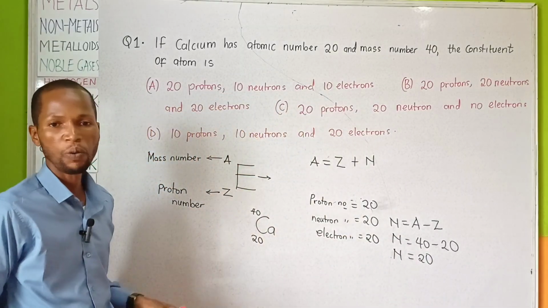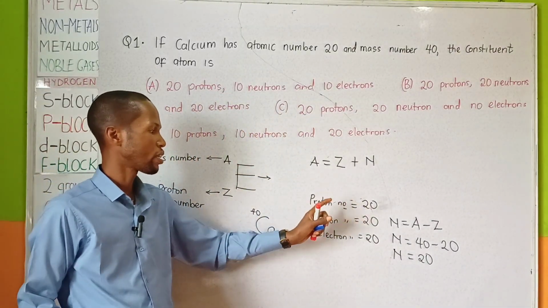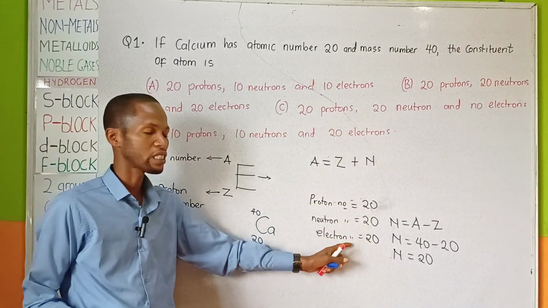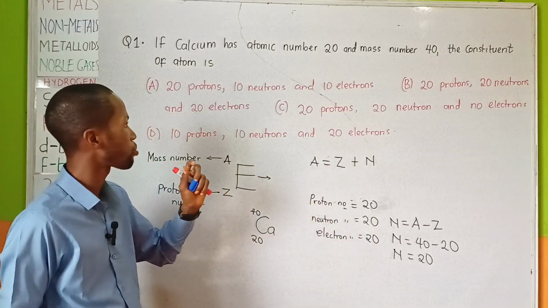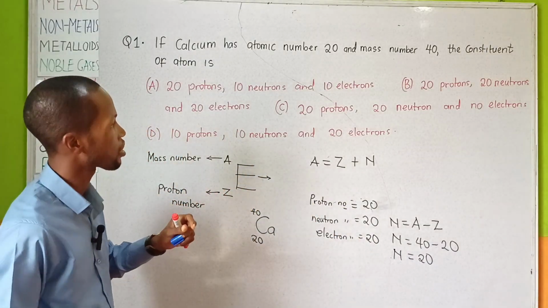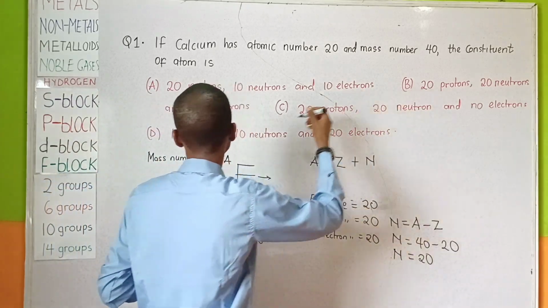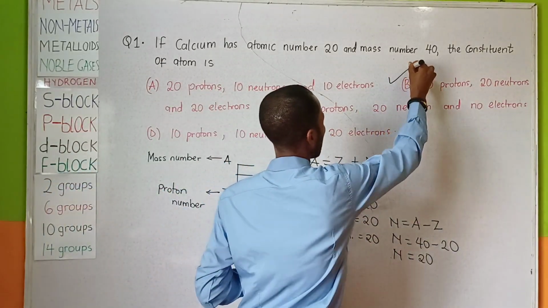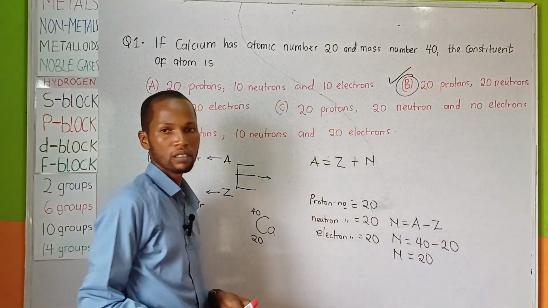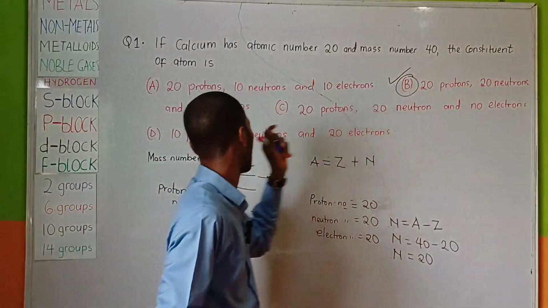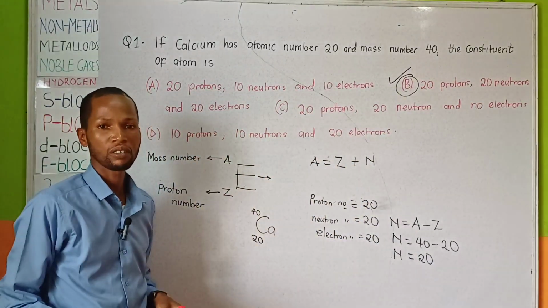So for this isotope of calcium, the proton number equals 20, neutron number equals 20, and the electron number equals 20. So the option to pick right here is Option B. B is the answer. We have 20 protons, 20 neutrons, and 20 electrons.